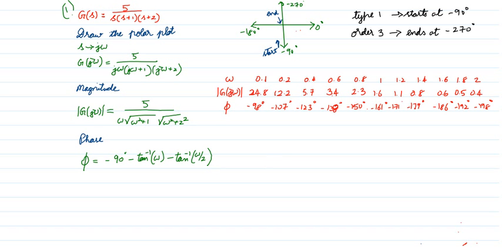G of s is given as 5 divided by s into s plus 1 into s plus 2, right?